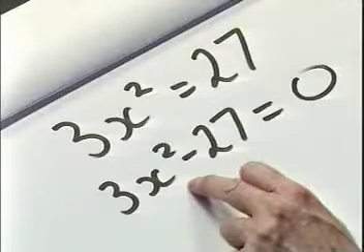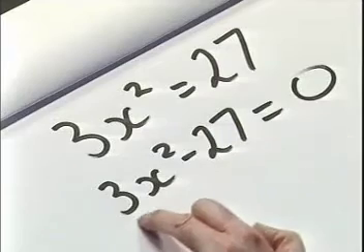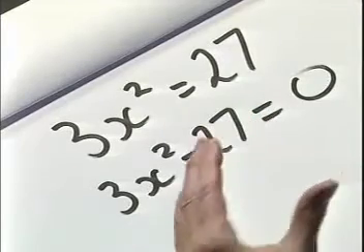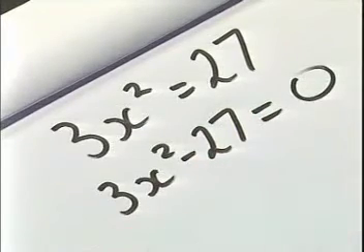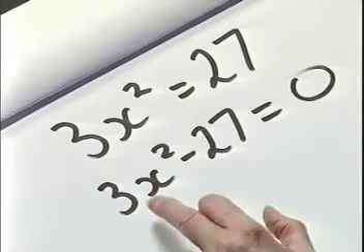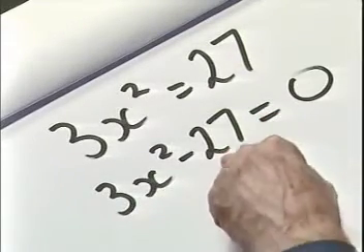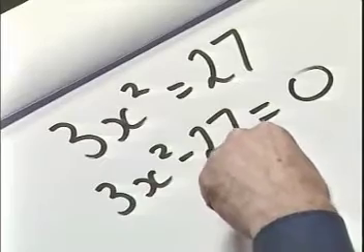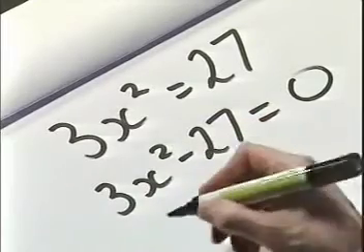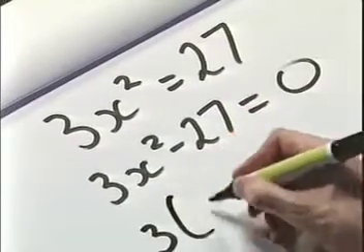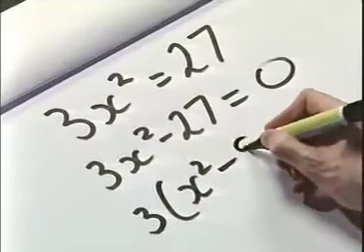Next, look for a common factor. Is there a common factor in the terms on the left-hand side of this equation? And if there is, let's take that common factor out. And here we've 3x squared and also 27, which has a factor of 3 in it. 27 is 3 times by 9, so we can take out the common factor of 3.